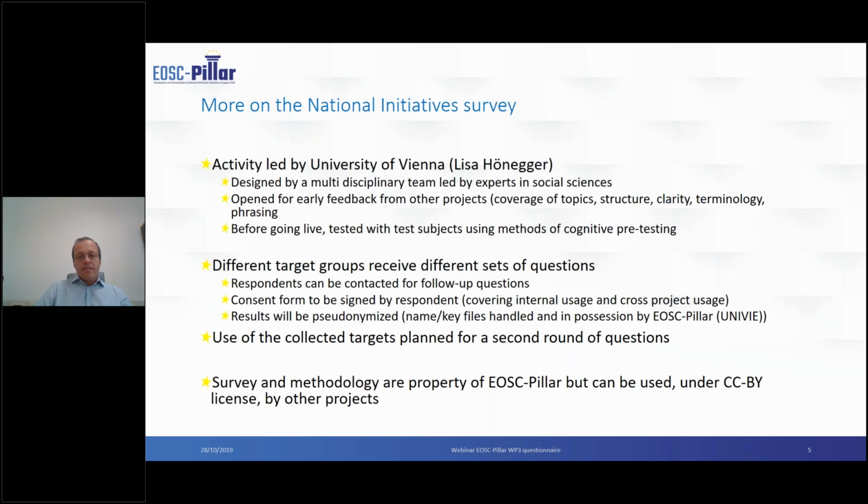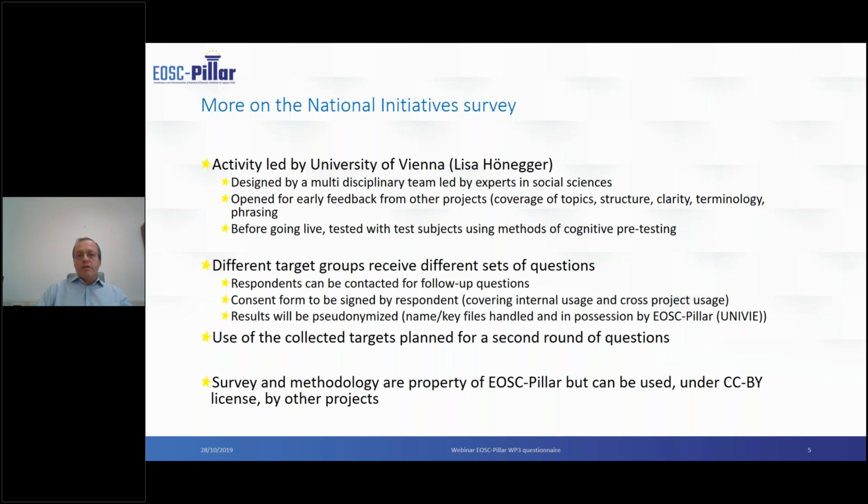We maintain a link, as I said, between the URL and the person, and this allows us to get back to you in case we are puzzled by answers, or possibly during a second iteration, if we would like to ask you further questions, so we have the chance to get back to you directly.